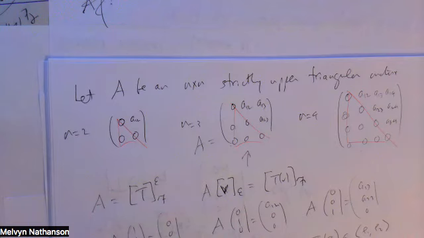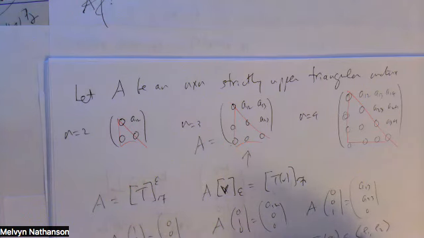So T of E1 gets sent to 0. T of E2 is a multiple of E1. That means T squared of E2, which is T of T of E2, which is T of some multiple of E1, is 0. What about T squared of E3?